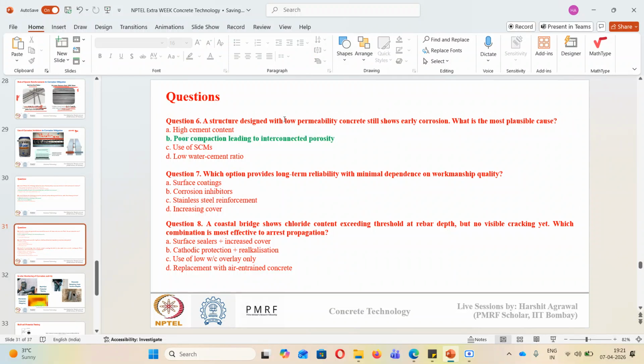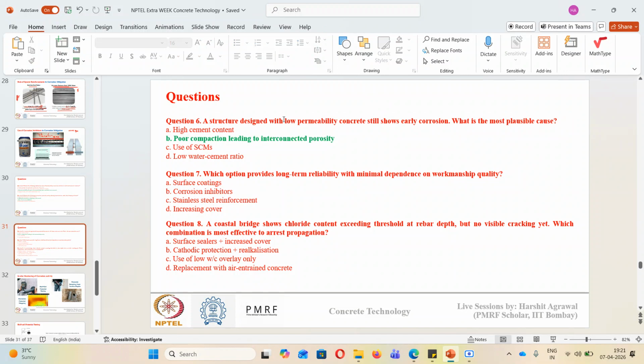So suppose I have designed a concrete to function as an M55 grade concrete. That M55 grade concrete should have low permeability. However, on site when we were pouring the concrete, the compaction was not proper. So what will happen, it will have a lot of interconnected pores inside.